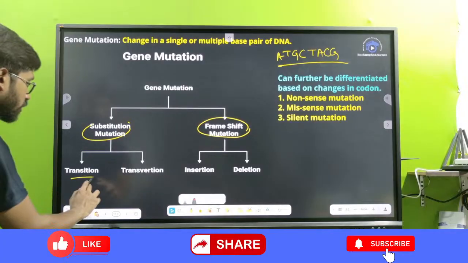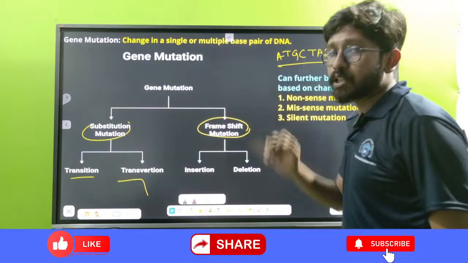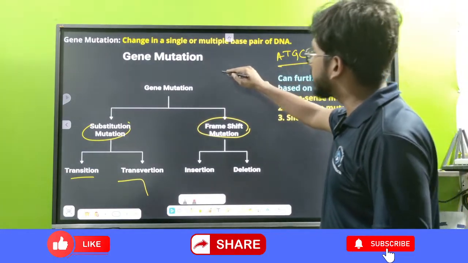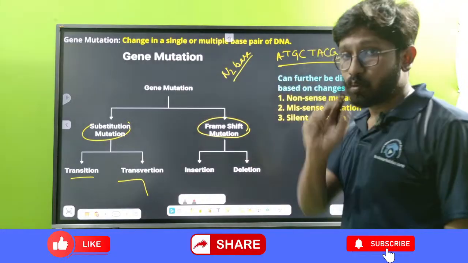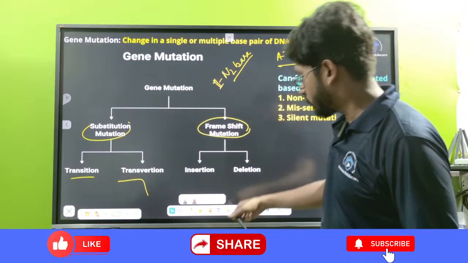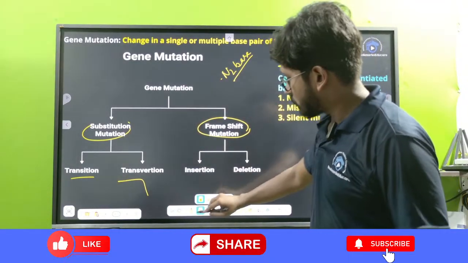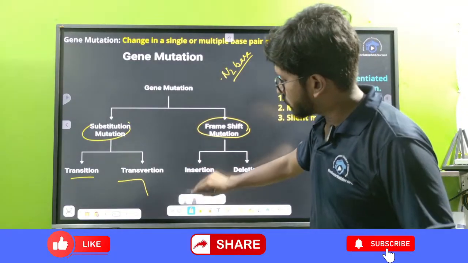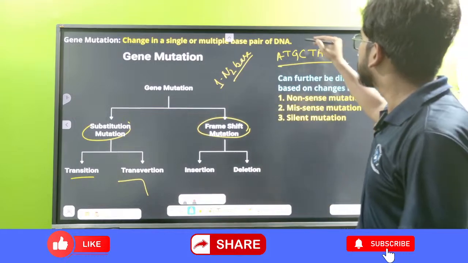Okay, transition, transversion. What happens is कि substitution mutation में only a single nitrogenous base पर changes होता है. Okay, single one only. One nitrogenous base will change. Then we will call it substitution mutation.